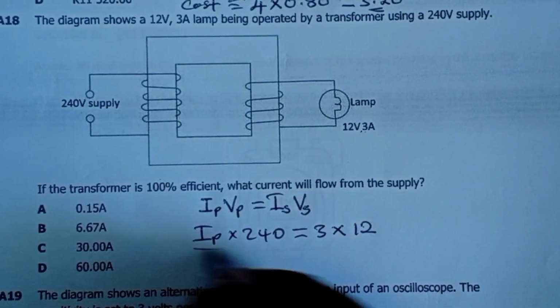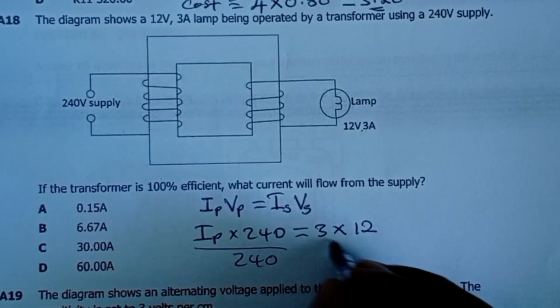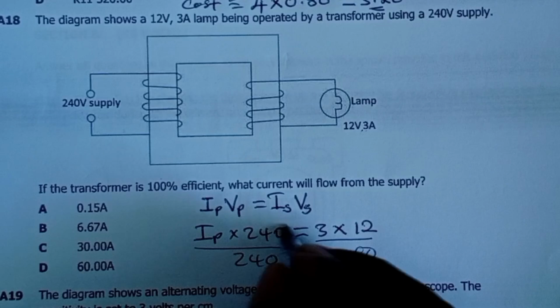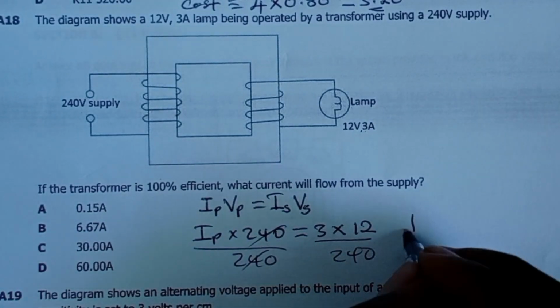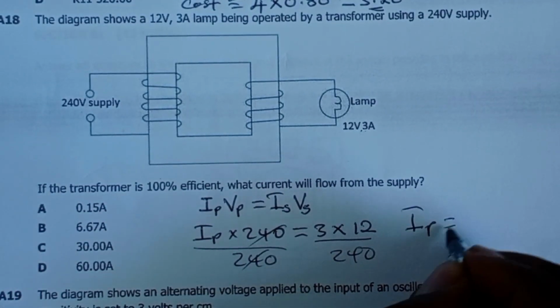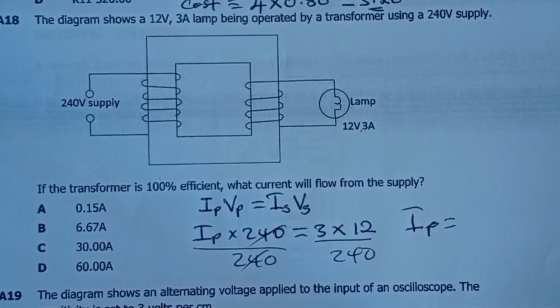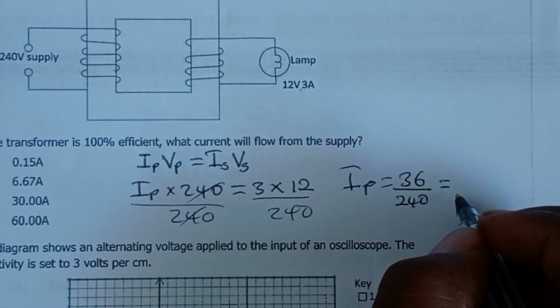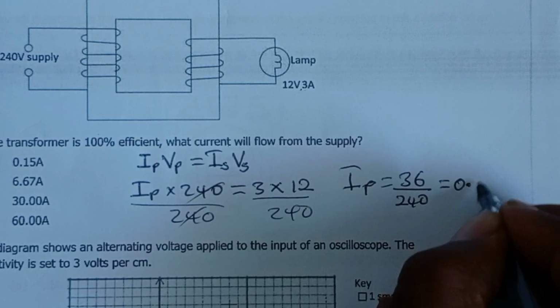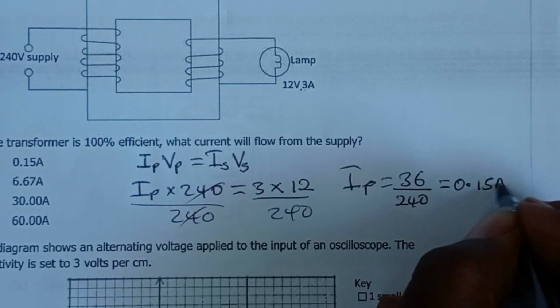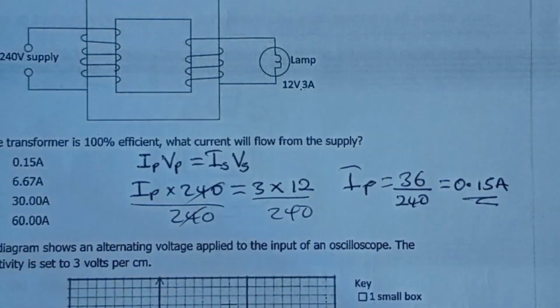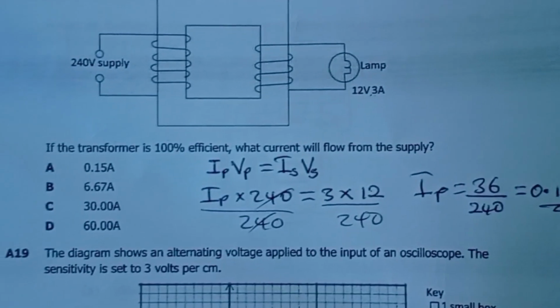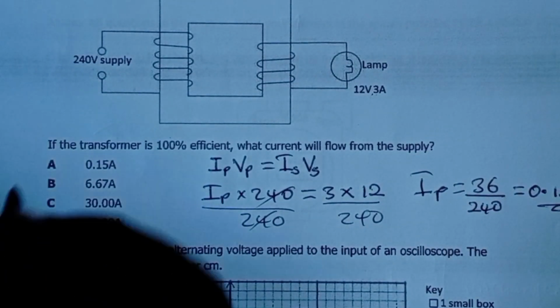So I divide throughout by 240. So current to the primary is 36 over 240, which is 0.15 amps. So the answer is A.